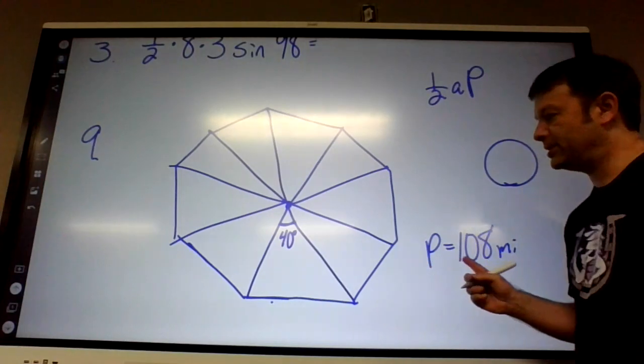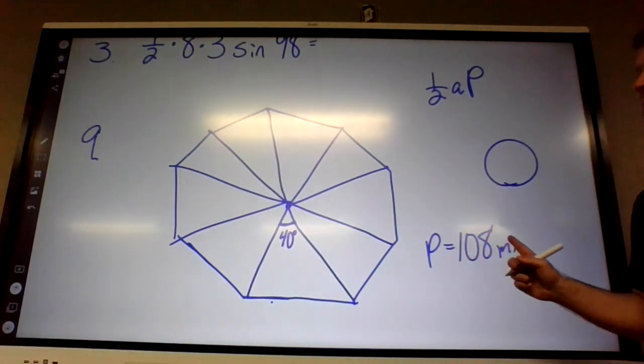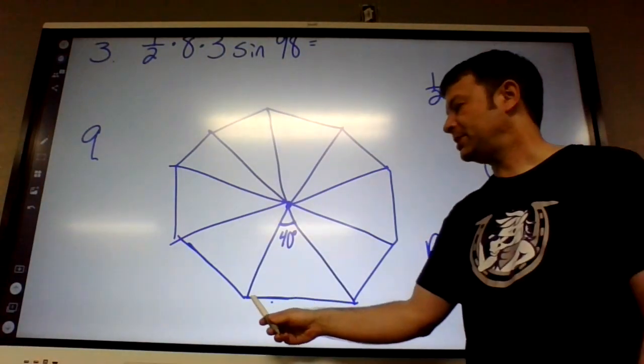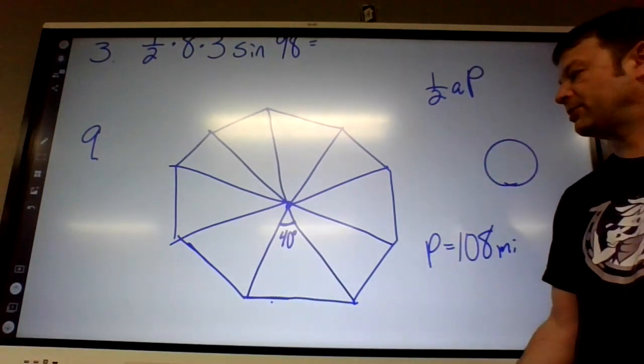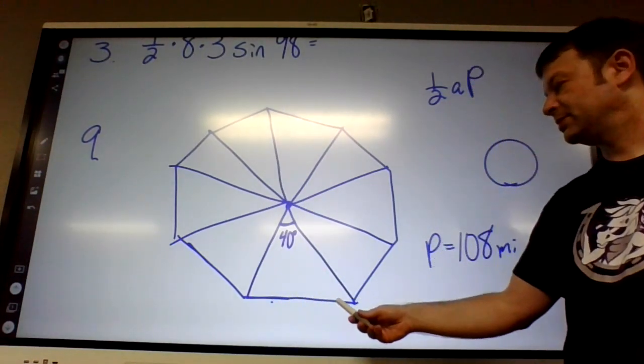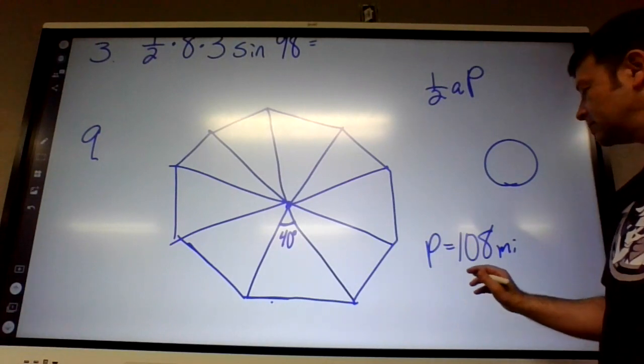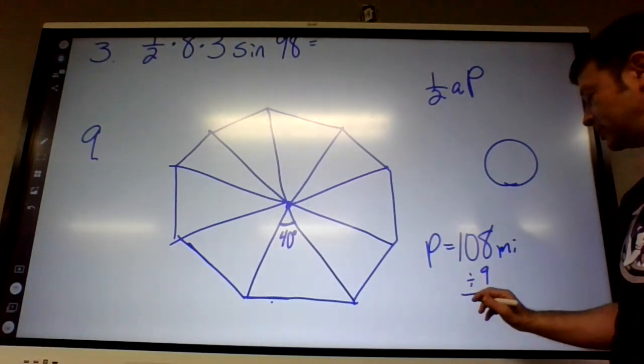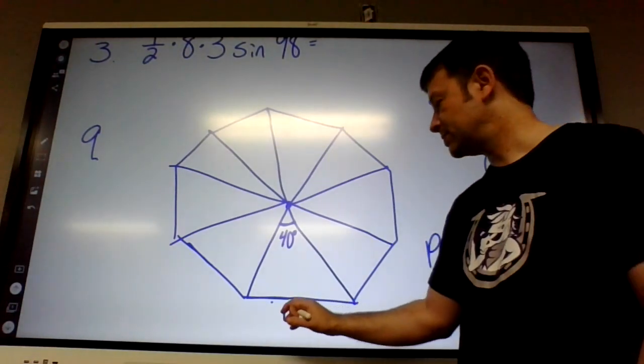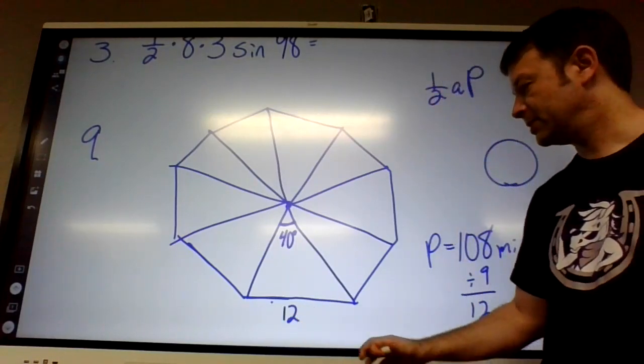Okay, the perimeter is 108. So how long must each side be? Or how would I find the length of one side? Right, 108 divided by 9, in this case would be 12. So this is 12 miles right there.